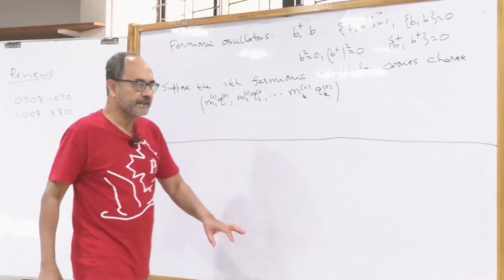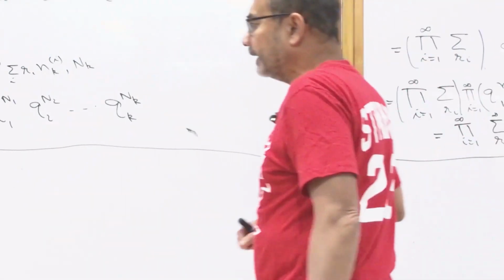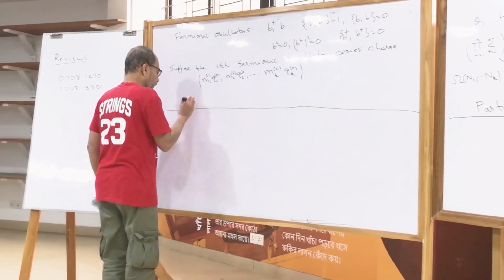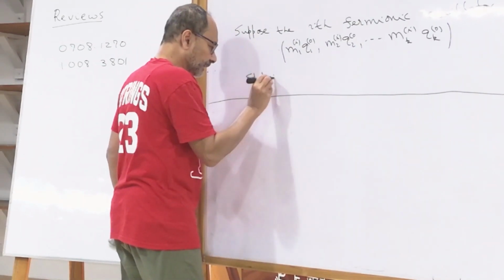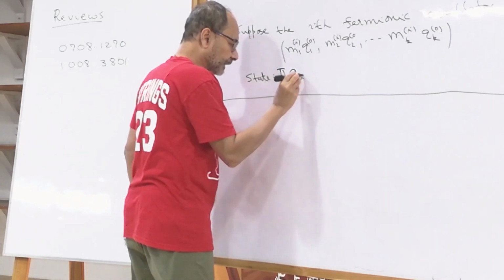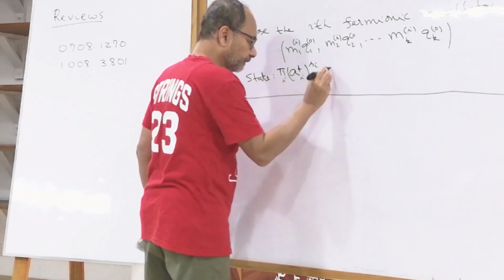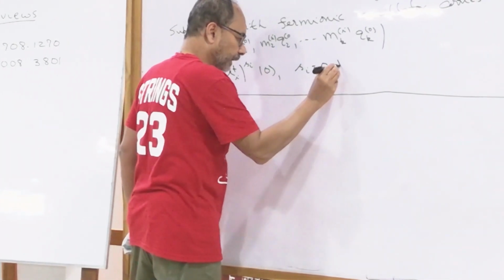Now, the analysis will be very similar to what I did here. The only difference will be this occupancy number. So, let me write the general state. The state will have the structure: product over i, A_i dagger to the power s_i, on the vacuum, where the s_i can take value 0 or 1.